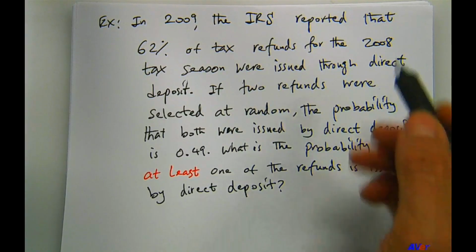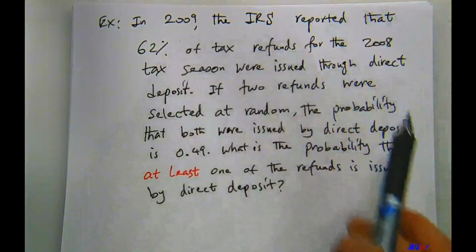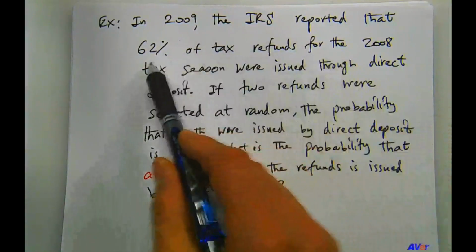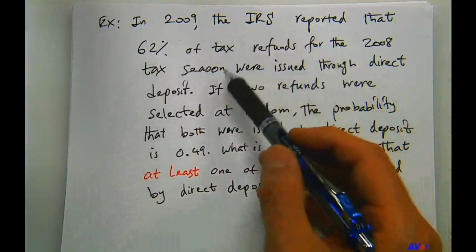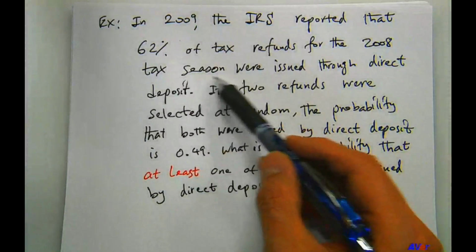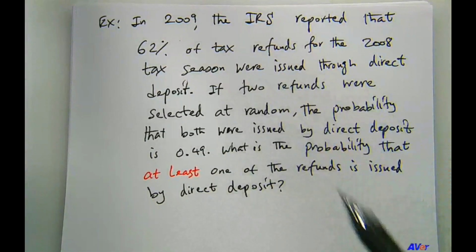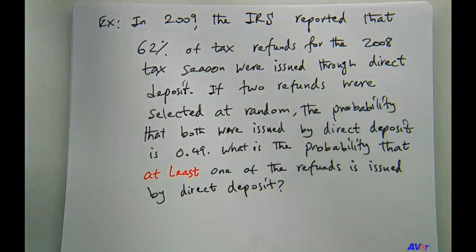So for example, it says in 2009, the IRS reported that 62% of tax refunds for the 2008 tax season were issued through direct deposit. If two refunds, right, they're talking about two refunds. So let's give this life with symbols.